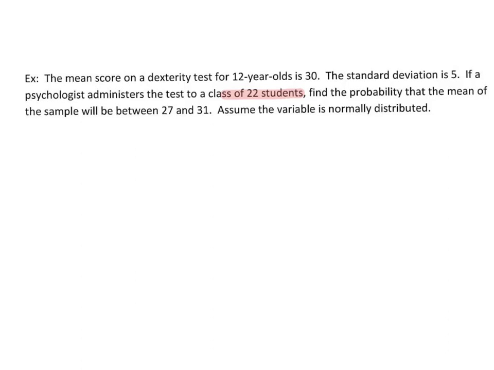So they gave us the mean, the standard deviation, our bounds, or said greater than or less than, and we just plugged that in the calculator that way. The only thing that you have to take into account now is the fact that it's a sample, and so we have to adjust our standard deviation based off of that sample.